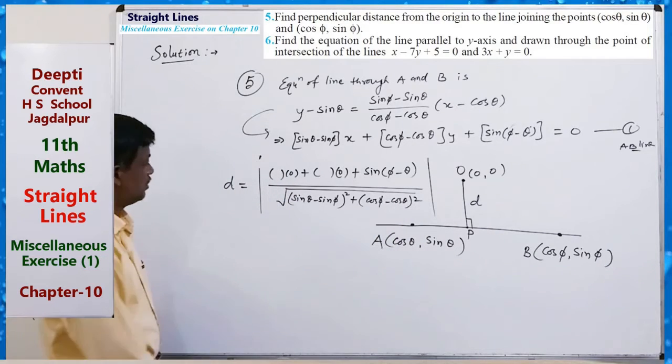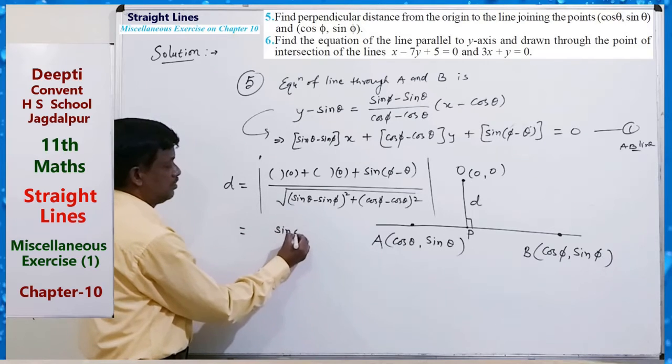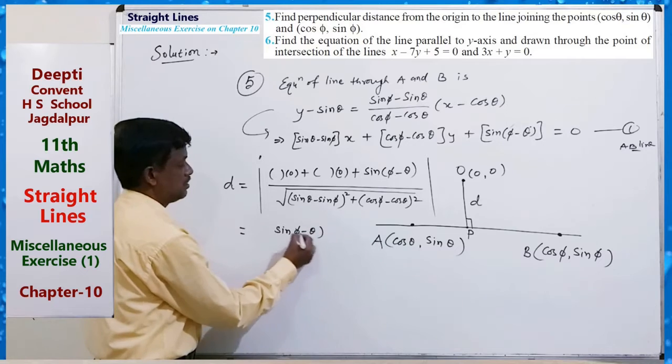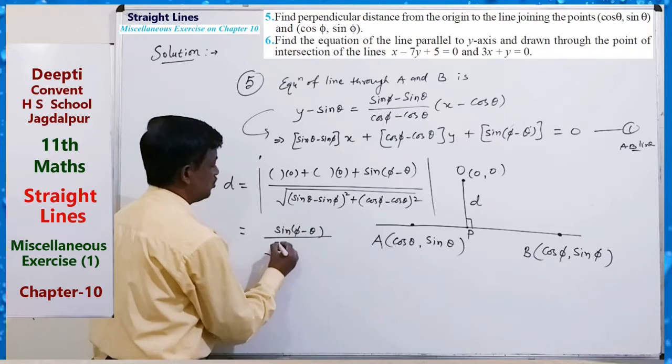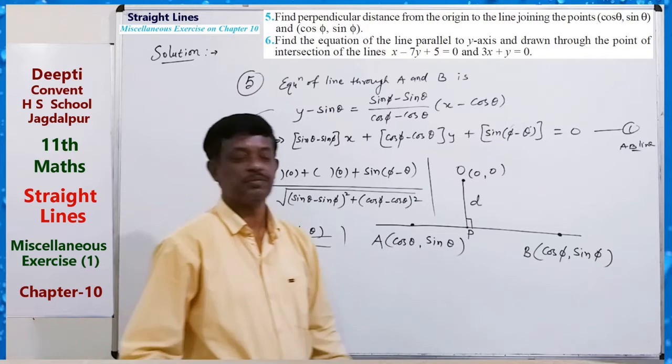Clear? Now, you can solve it. Sin phi minus theta upon root over this, just solve and simplify.